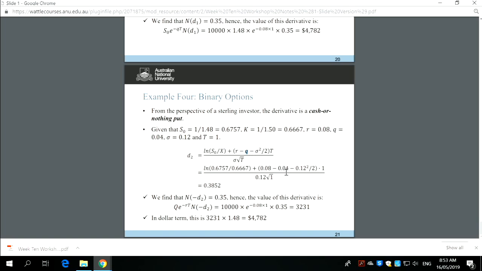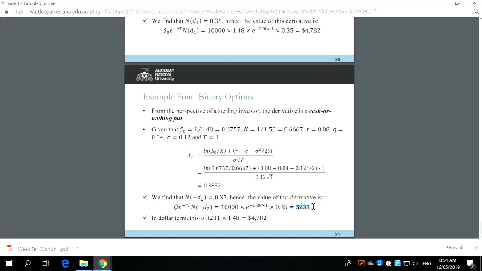The foreign rate is the US rate. So we work out d2 is this value here, and we go to our statistical table and find the corresponding N(-d2). Once we do that, we just take the fixed payoff, discount it back to the present, times N(-d2).